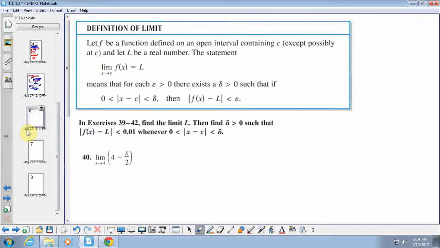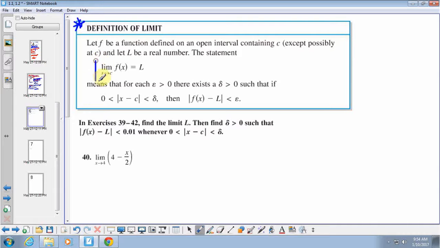Well, let's get to this formal definition of a limit. Let f of x be a function defined on an open interval containing C, except possibly at C. Because the very first example we had, the function itself did not exist at 2, did it? But it had a limit. So it does not have to be defined at the actual C. Okay? And let L be a real number.